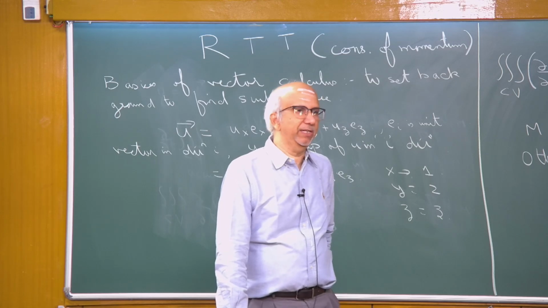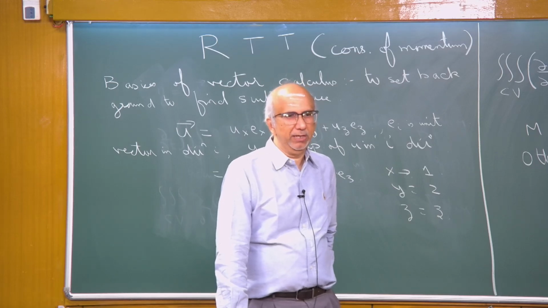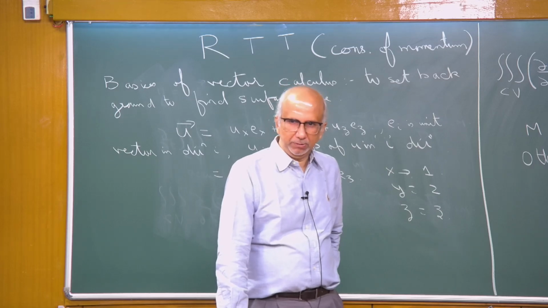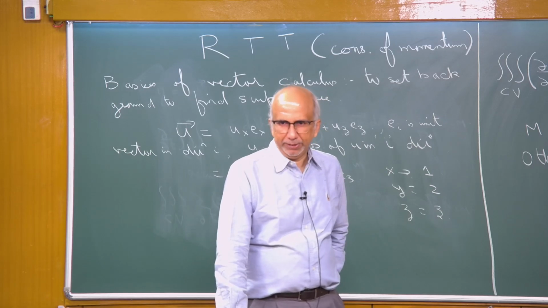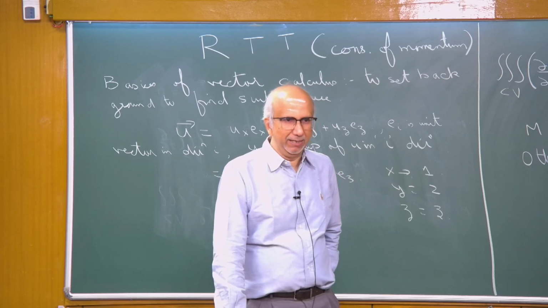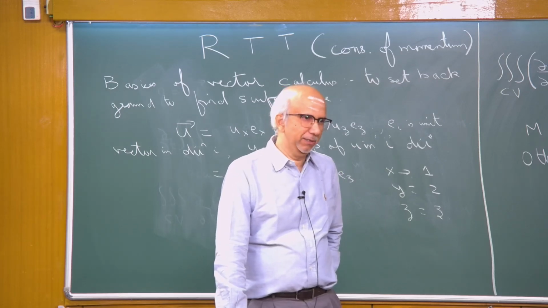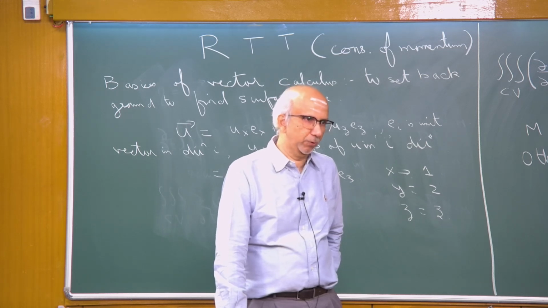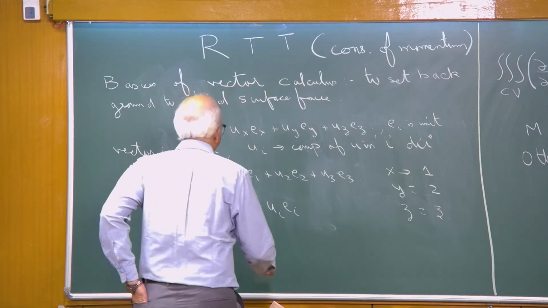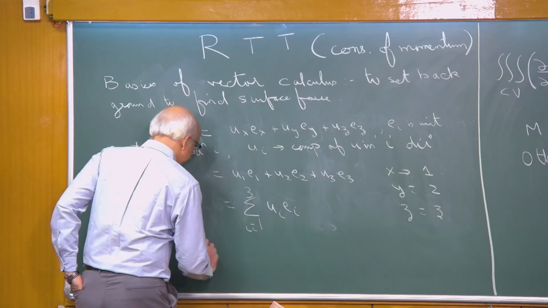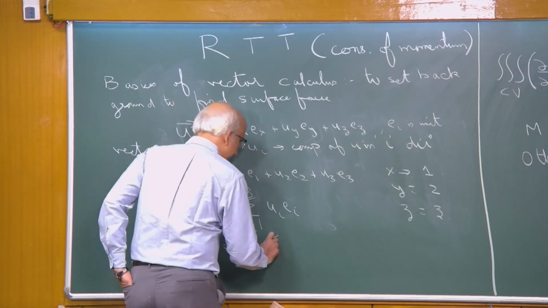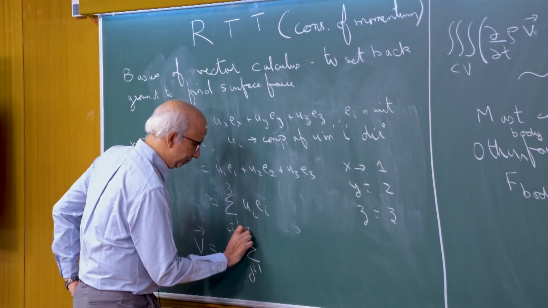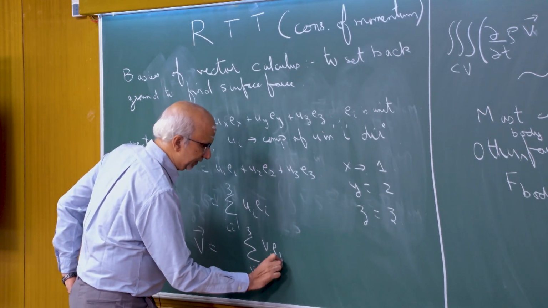You can only sum over integers, you cannot easily sum over alphabets, okay. So, we are trying to come up with notations which can be used mathematically elegantly. You do not say summing over a, b, c, d; you can sum over 1, 2, 3, okay. So, that is the thing. Similarly, v can be written as sigma, this is just a dummy index, Vj Ej.